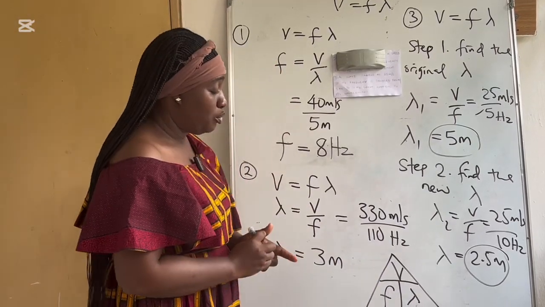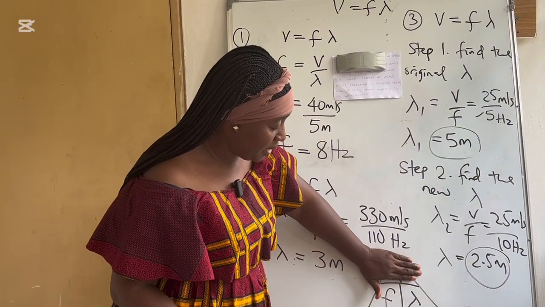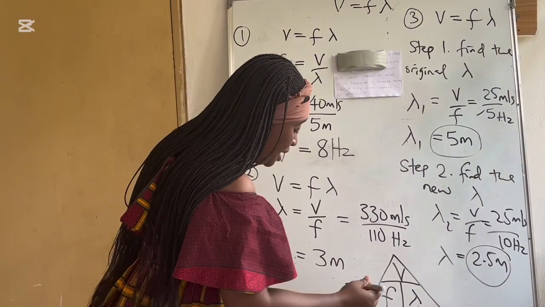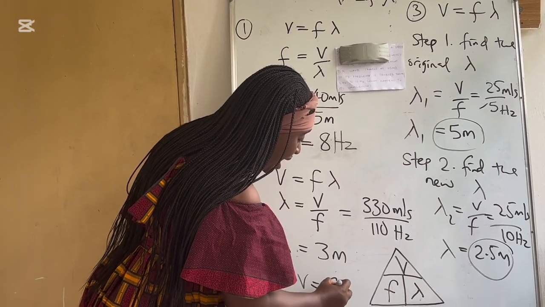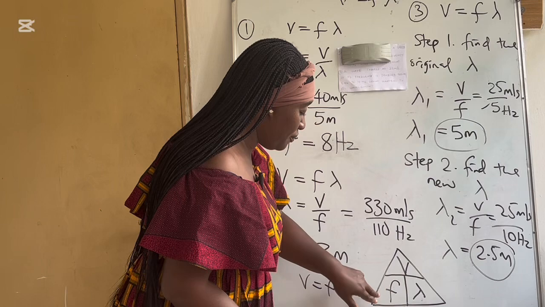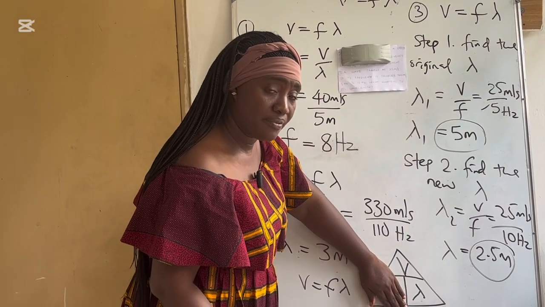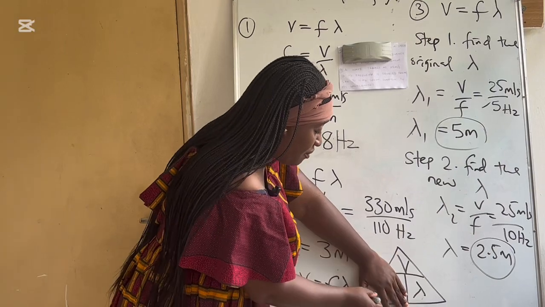So if I am looking for wave speed, I could use my hand to cover it. When I cover V, it gives me V is equal to F times lambda. Let us assume I'm looking for F. I want to solve for frequency. Just cover F like this, and you have V over lambda.